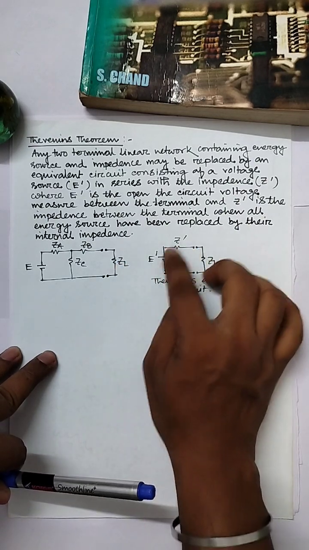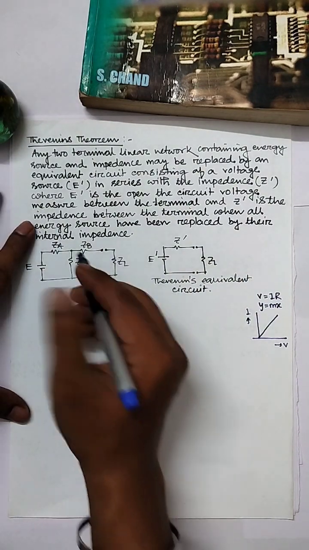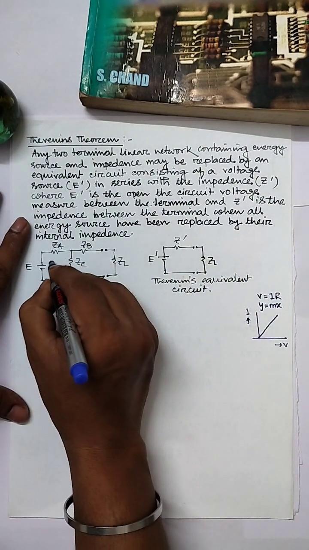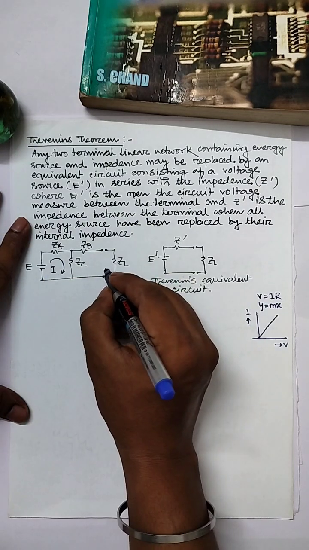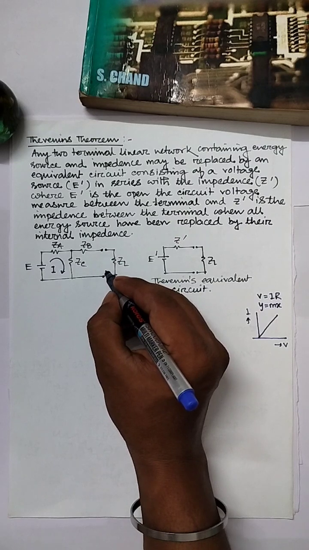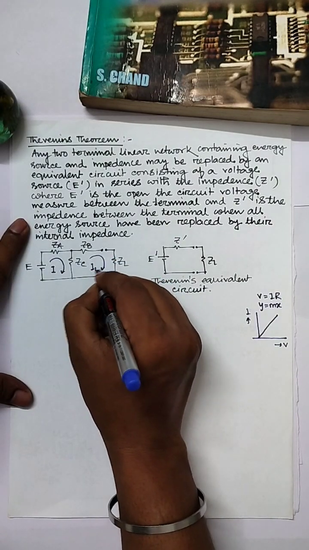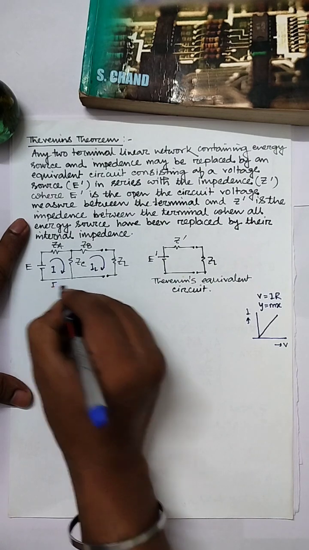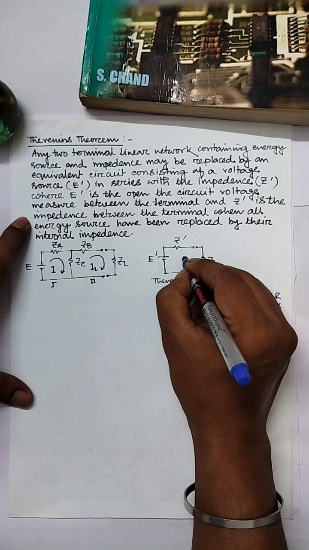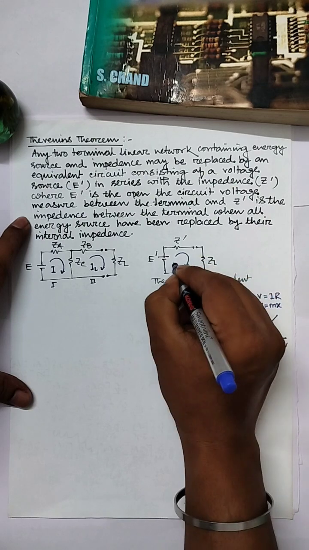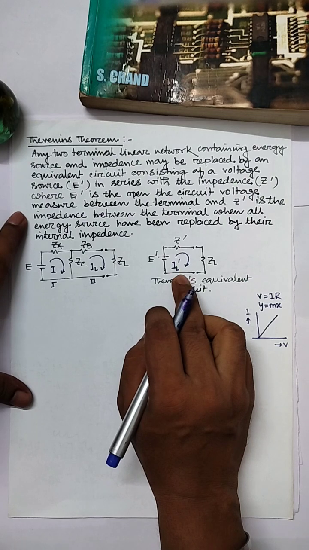Consider I is the current flowing through mesh 1, and similarly IL is the current flowing through mesh 2. Suppose this one is mesh 1 and this one is mesh 2, and consider that IL dash is the current flowing through the Thevenin equivalent circuit.